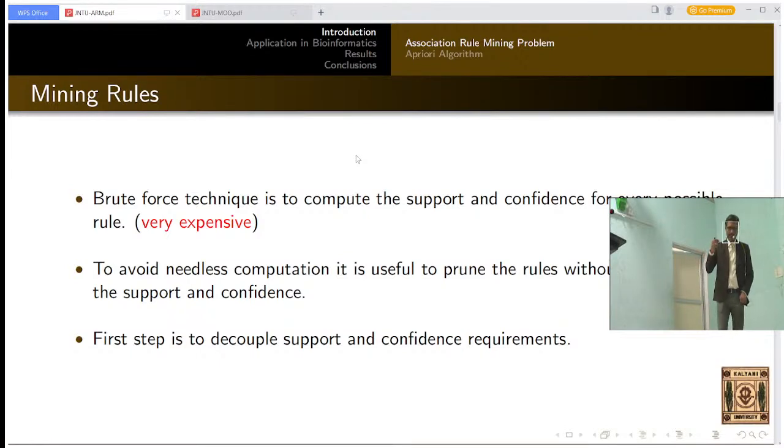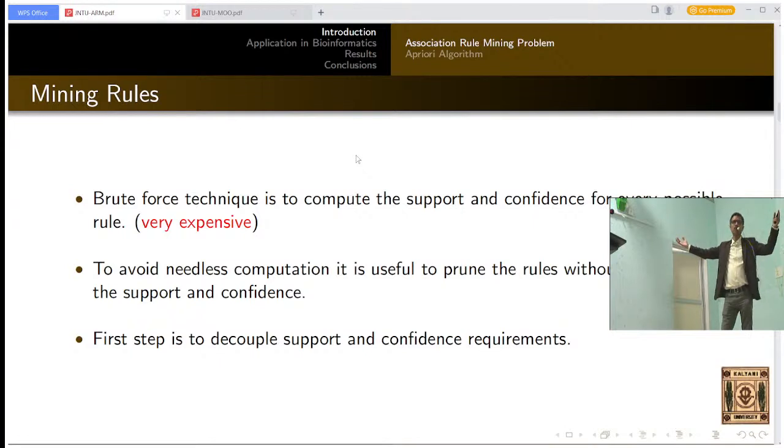And you see that these data sets are normally very sparse. Why am I saying sparse? I mean less dense, very small density. Because suppose you have 1000 items in your market, and in a transaction, how many items are purchased? 5, 10, 15, 20 maximum.